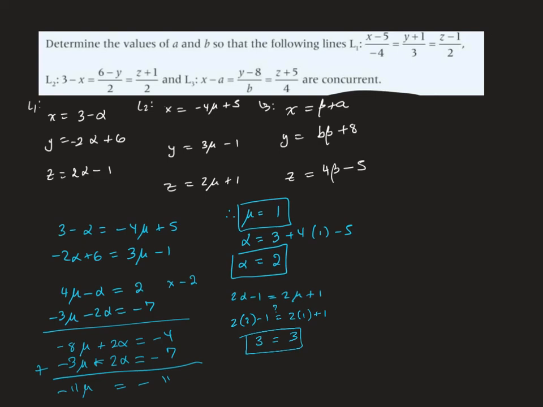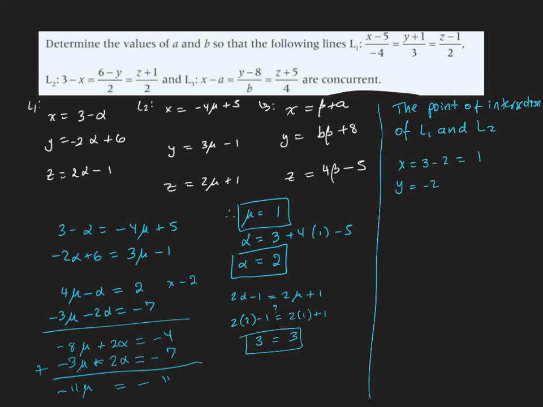So let's calculate the point of intersection of line 1 and line 2. x equals 3 minus 2, 1. y equals minus 2 times 2 plus 6, so that is minus 4 plus 6, 2.